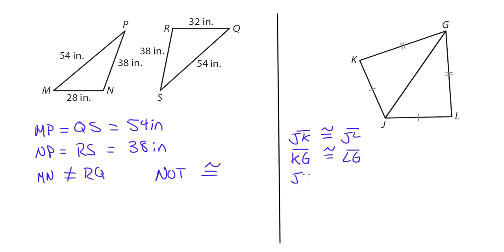So JG is congruent to JG. So triangle GJK is congruent to triangle GJL by the SSS Triangle Congruence theorem.